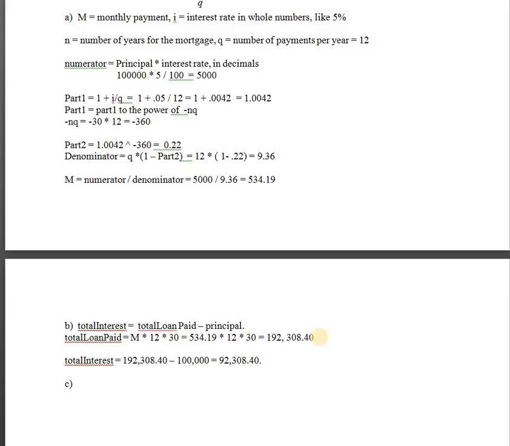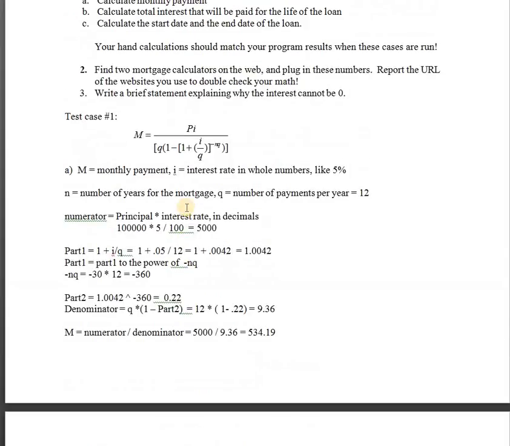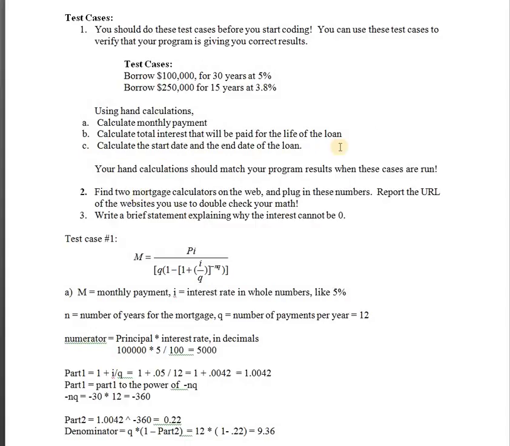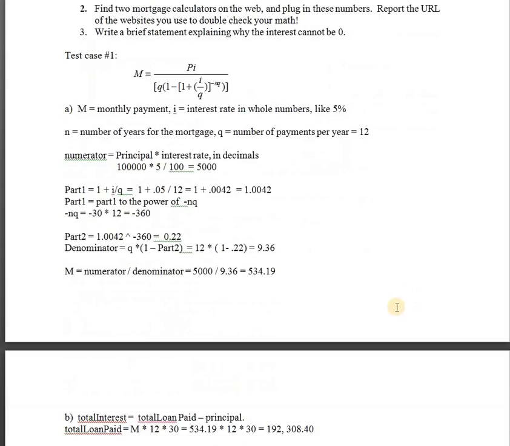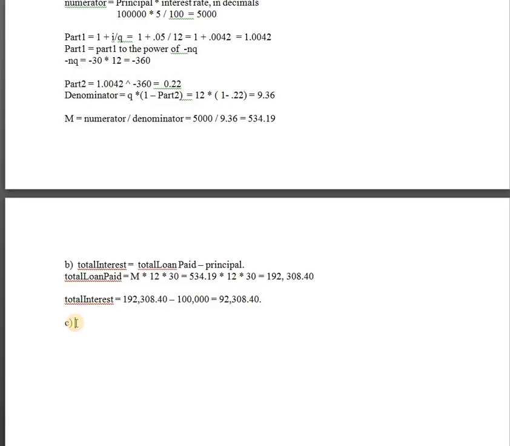Let's try part C, which is going to be calculate the start date and the end date of the loan. Okay, well, let's pick a day for the start date. Let's say it's April Fool's. What better date than that? So start date equals April 1, 2017.